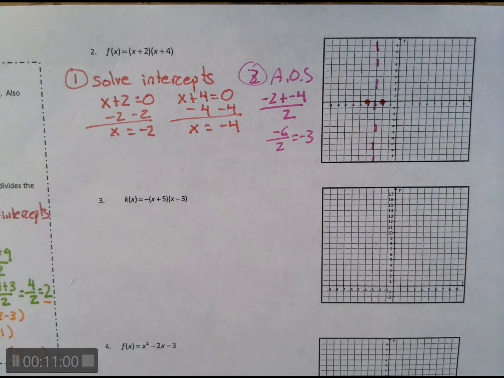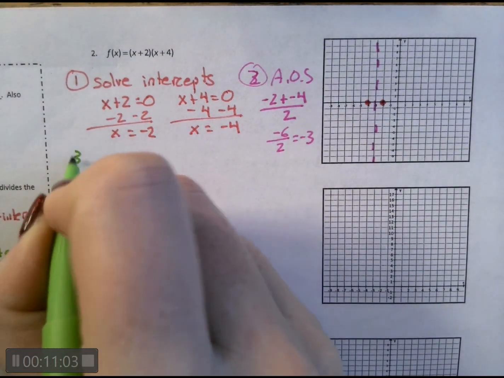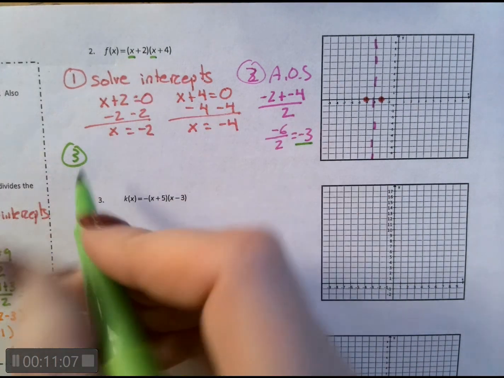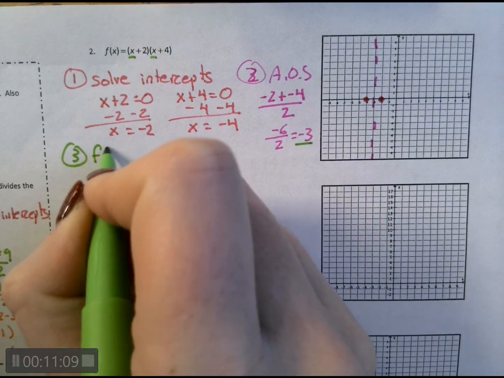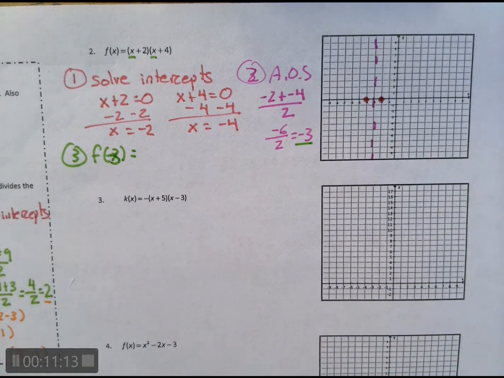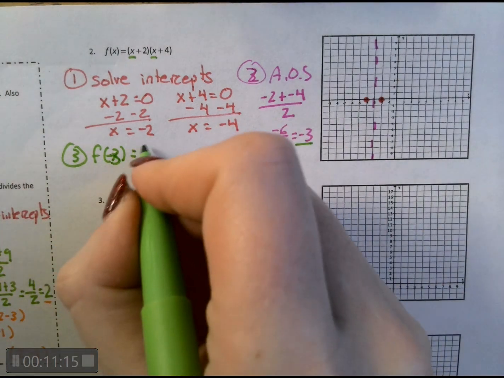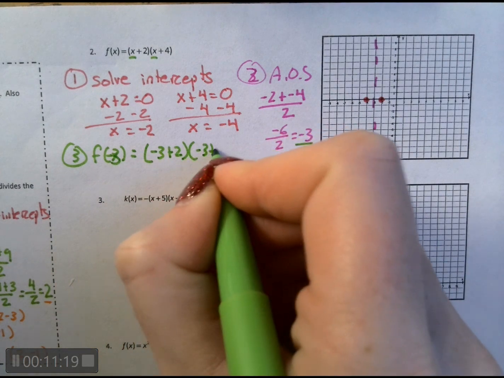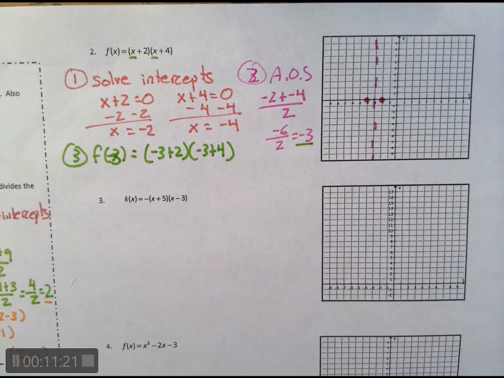Alrighty. So then to find our vertex, everywhere there's an x, we're going to put that negative 3. So now we have f of negative 3 equals negative 3 plus 2 times negative 3 plus 4.